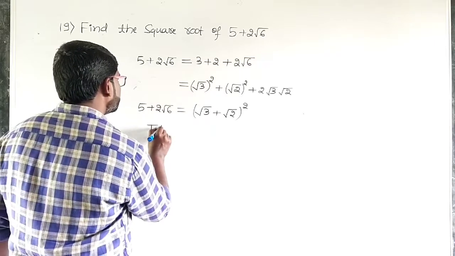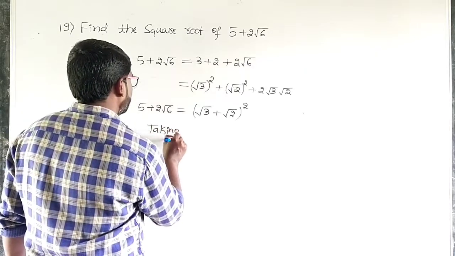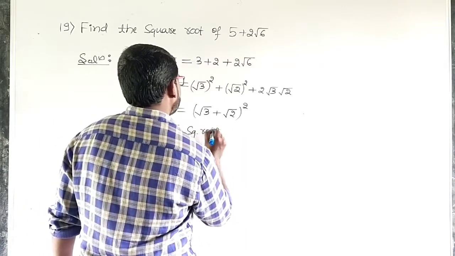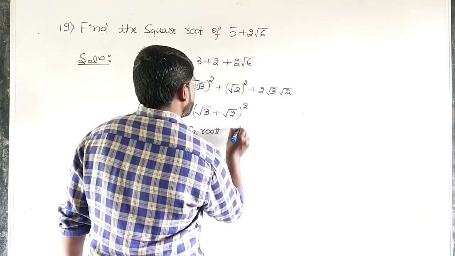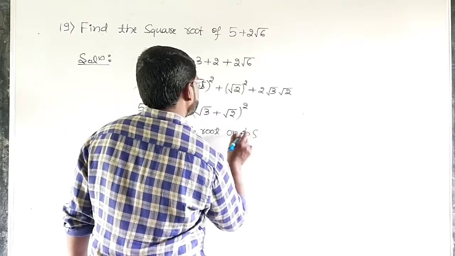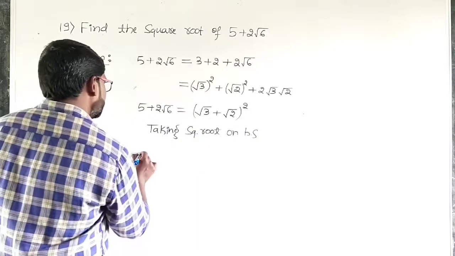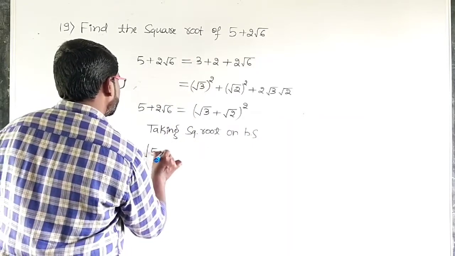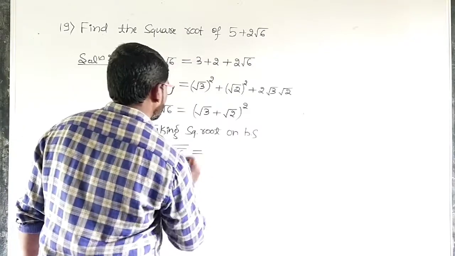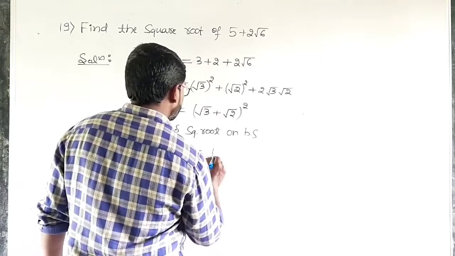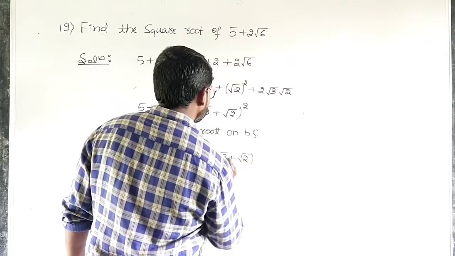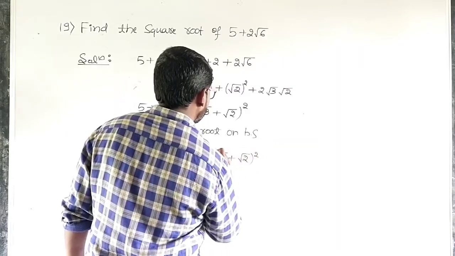So the square root of 5 plus 2 times root 6 is equal to the square root of root 3 plus root 2 the whole square.